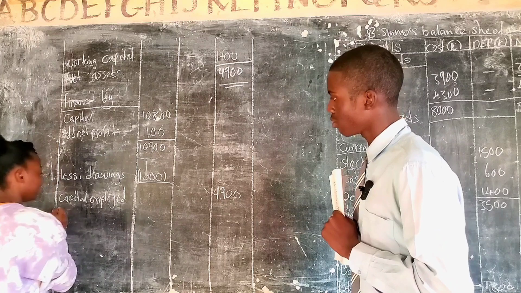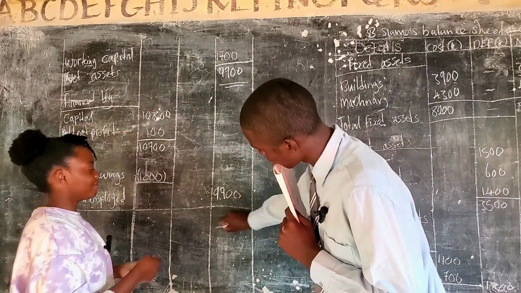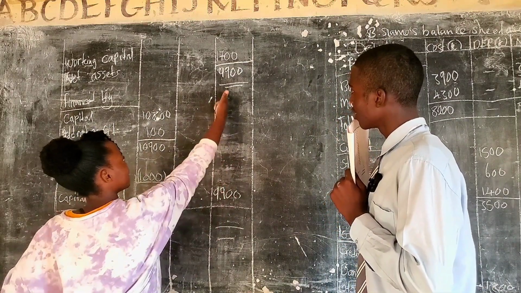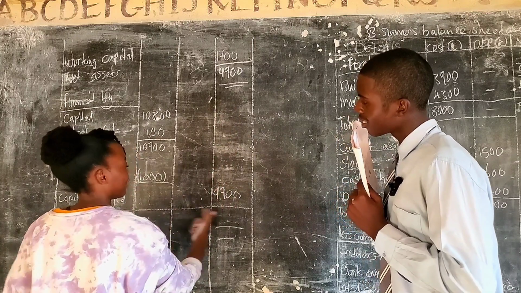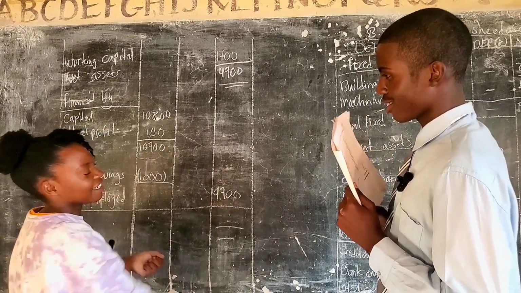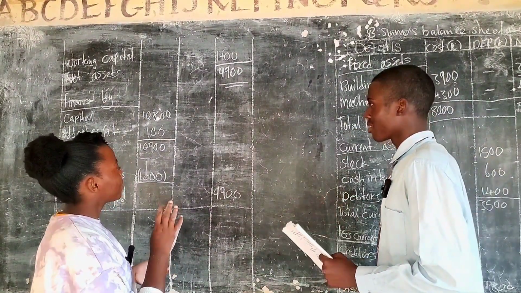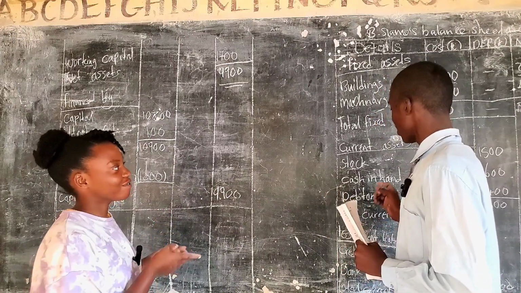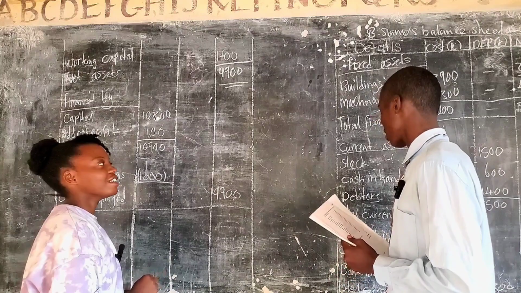For that we're done. And we check if it has balanced. Our net assets is 9,900, and our capital employed is 9,900. So it has balanced. So meaning that we've been doing the correct thing from the beginning.